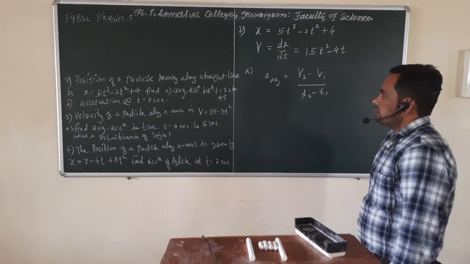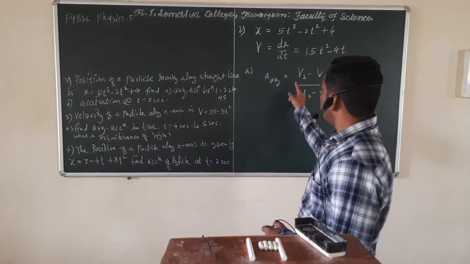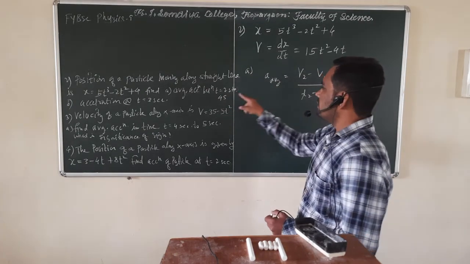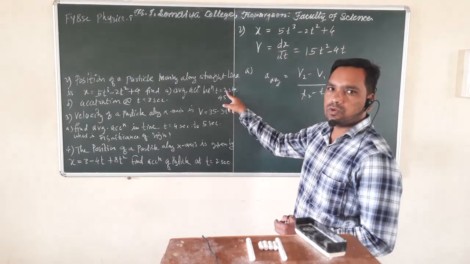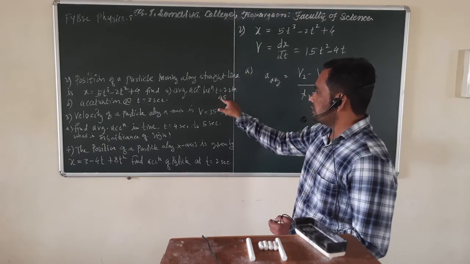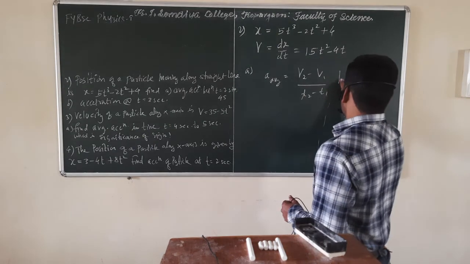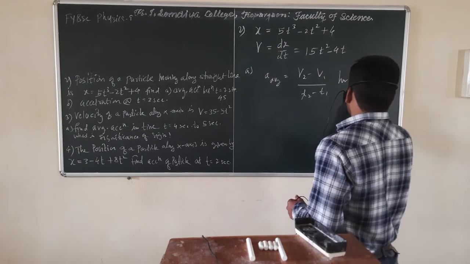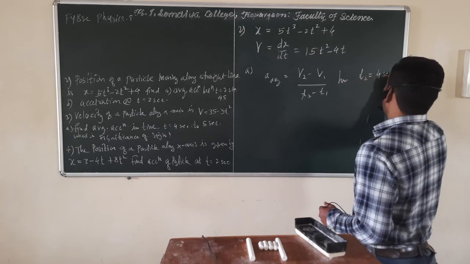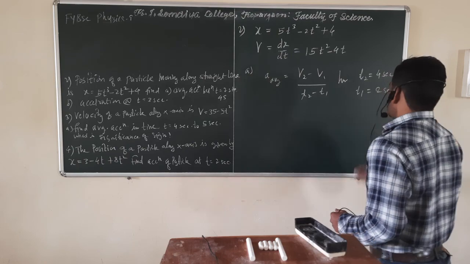Here v2 is the velocity at time t equal to 4 seconds, v1 is the velocity at time t equal to 2 seconds, and t2 minus t1 means what? Time t2 is 4 seconds and time t1 is 2 seconds.